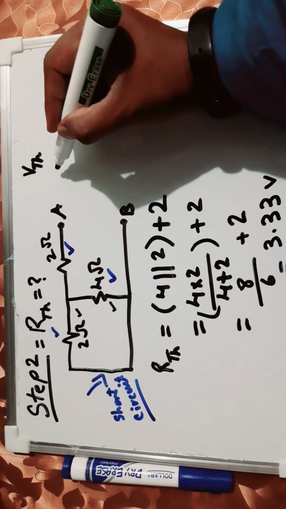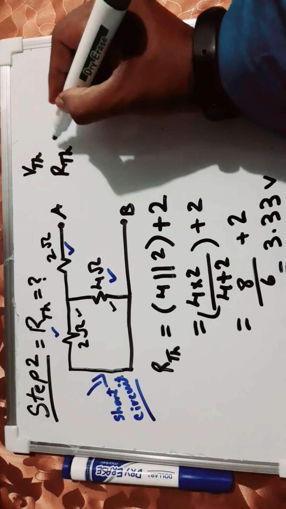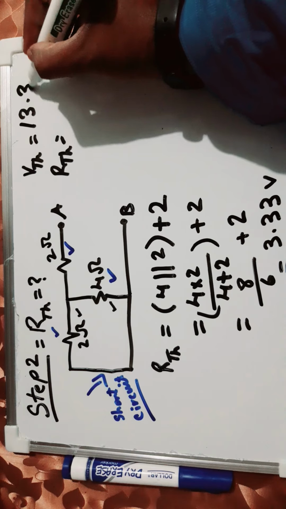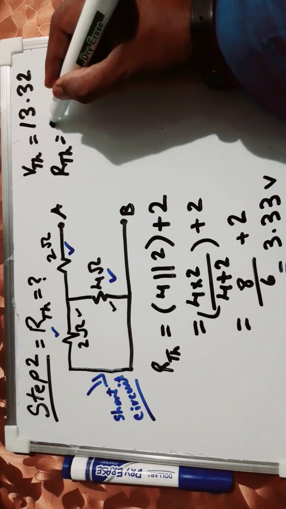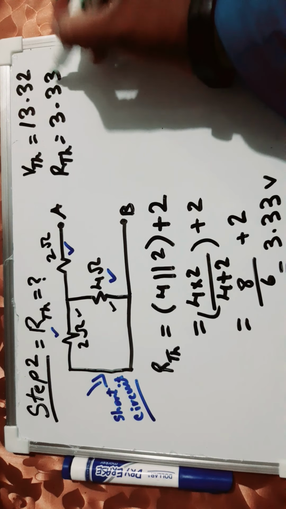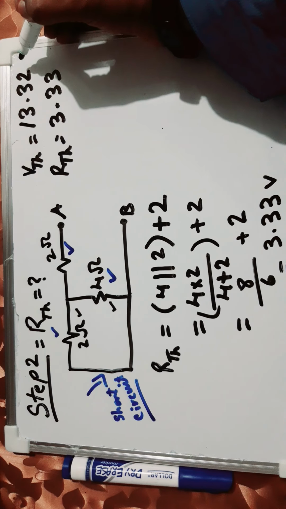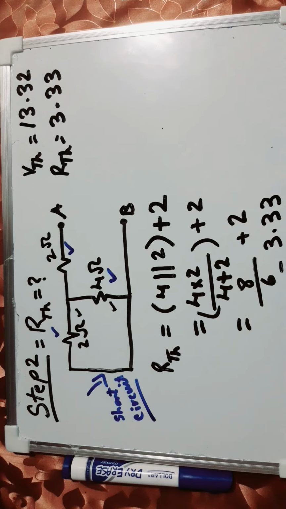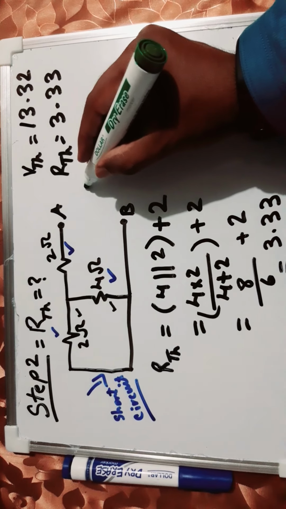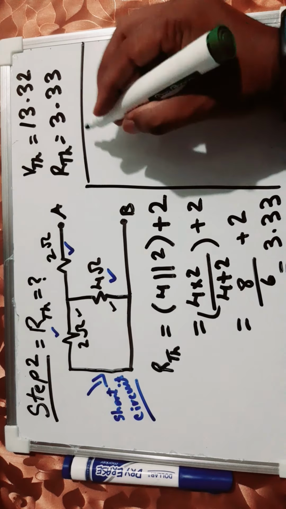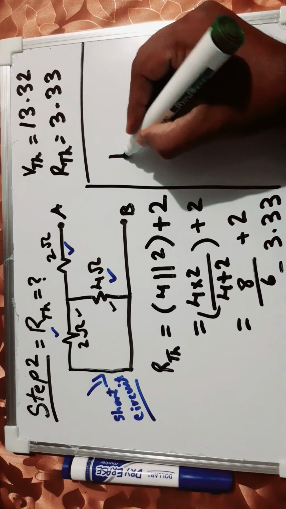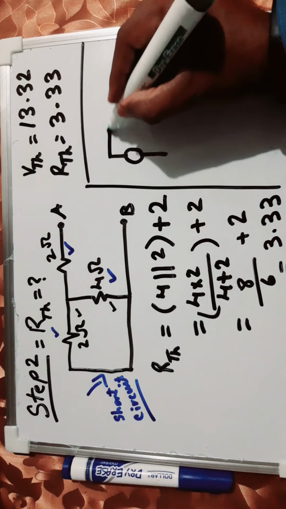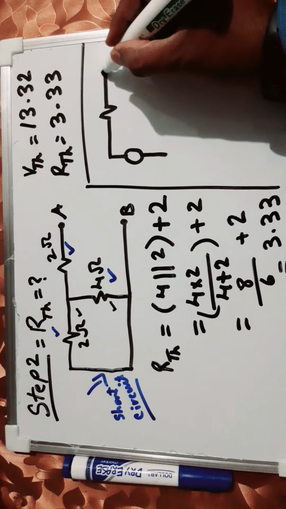So now what was our V Thevenin and R Thevenin? What was our V Thevenin? That was 13.32, and what is our R Thevenin? 3.33. So what will be the final circuit? As per definition, the voltage source and the resistance should be in series.